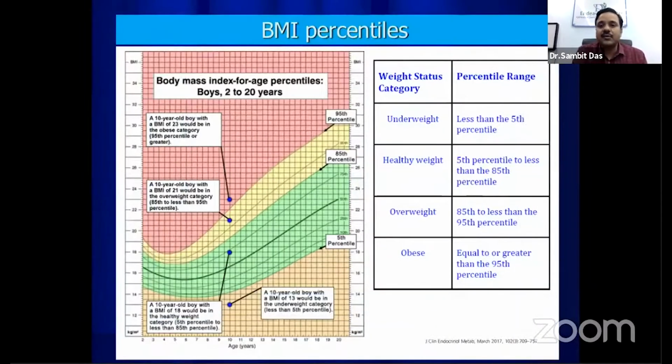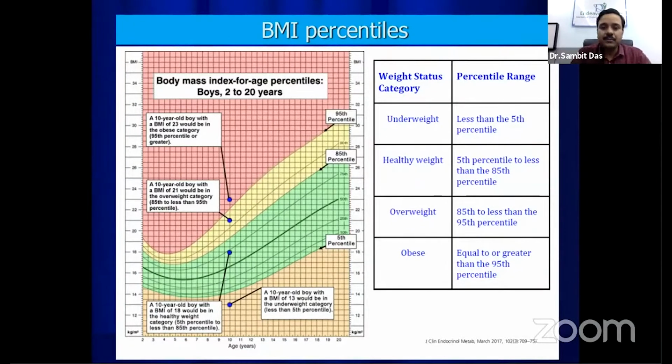Remember that the diagnosis of childhood obesity is not exactly that of adult obesity, and plotting the height and weight on a growth chart or just calculating BMI is not going to suffice, and we have to plot the age-specific BMI cutoffs in that graph.